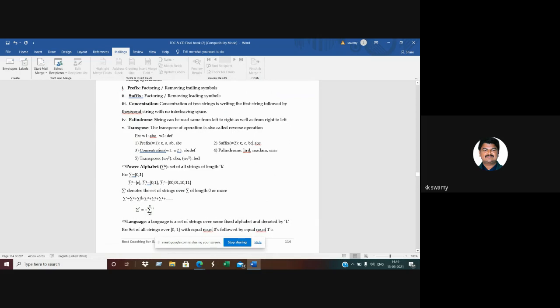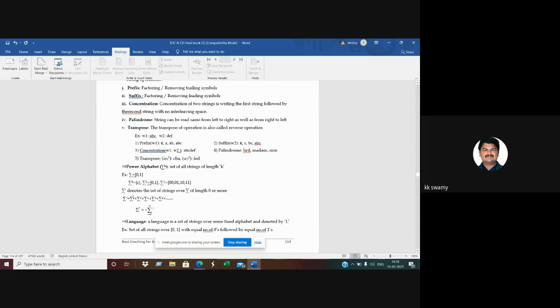Suppose sigma equals 0, then sigma star equals epsilon, 0, 00, 000, any number of zeros. Sigma star is also called the Kleene closure of an alphabet.